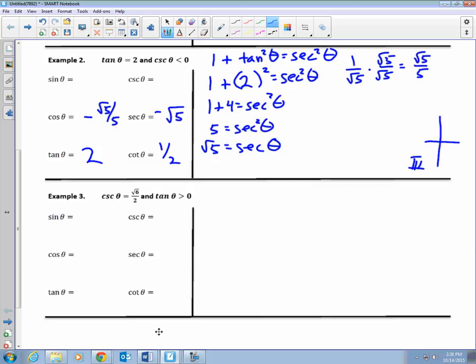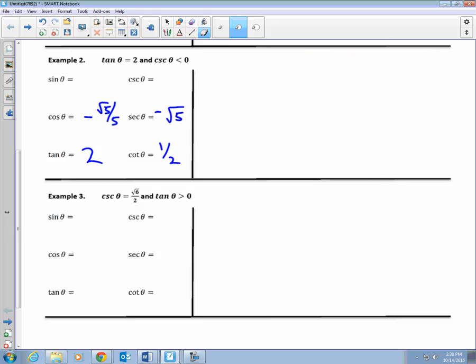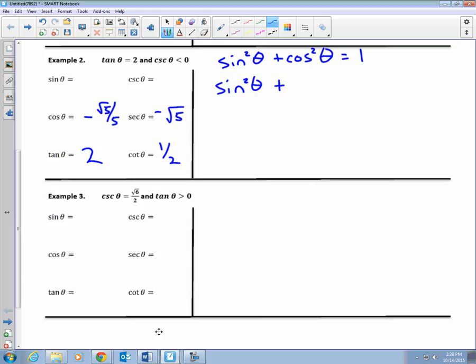Now we've got to do the other ones. Let's do, instead of 1 plus tangent squared, sine squared plus cosine squared. In this formula, which one of these do I have? Which one do I know? Cosine. Okay. So we're going to take sine squared plus, then I have to square this, right?